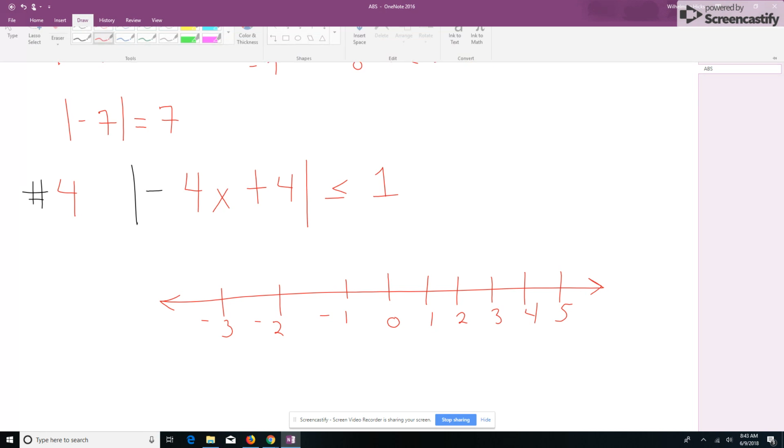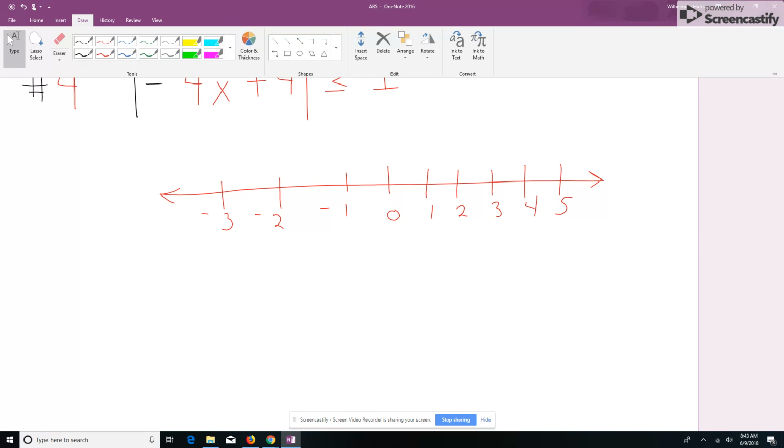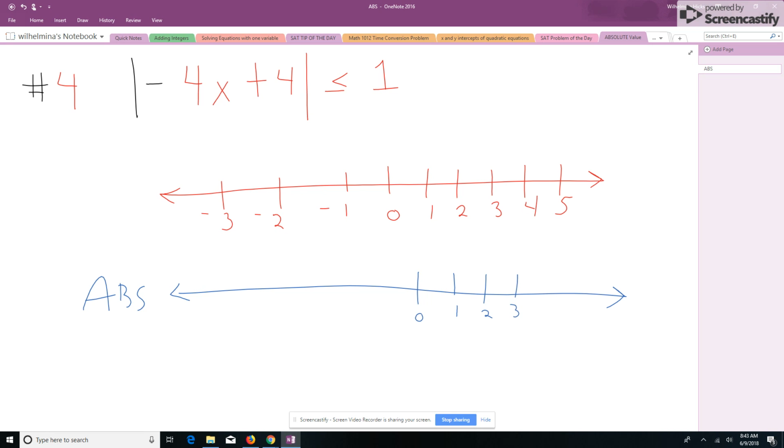This is a number line, of course. The absolute value of these numbers, so this is my absolute value number line. Absolute value of 0 is 0, of 1 is 1, of 2 is 2, and so forth. Now, the absolute value of negative 1 is 1, absolute value of negative 2 is 2, absolute value of negative 3 is 3.